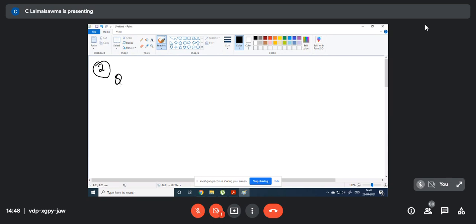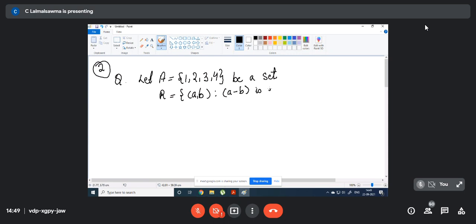Now we have a question. Let us define a set A equal to 1, 2, 3, 4, and R is equal to, now we are going to write R in set builder form, A minus B is even.